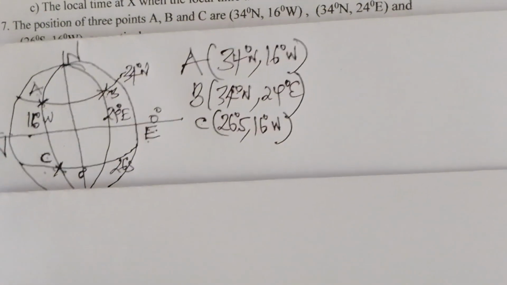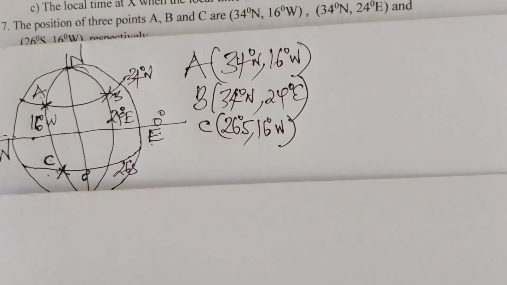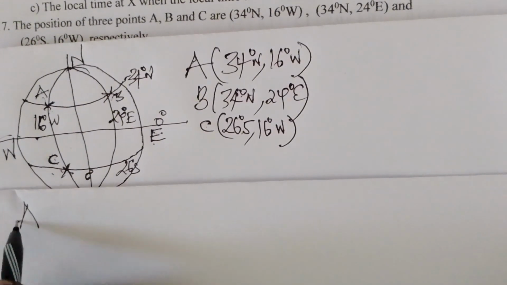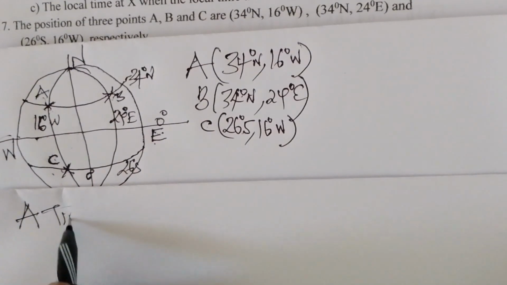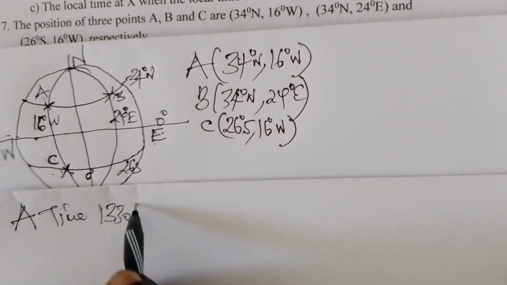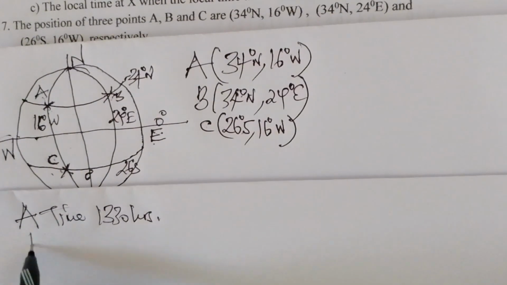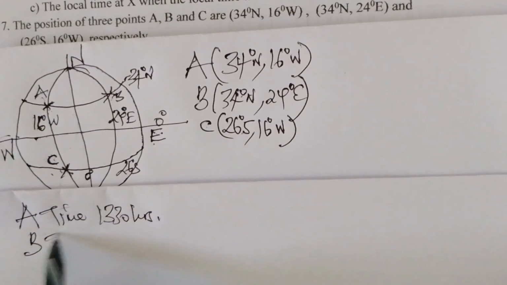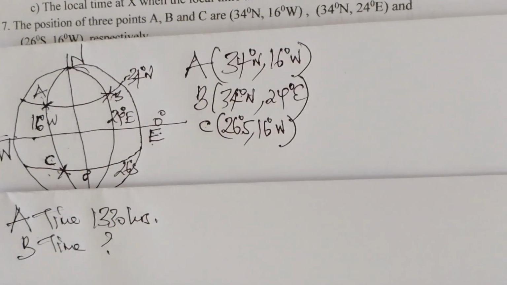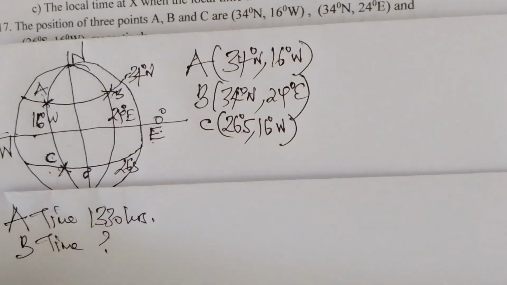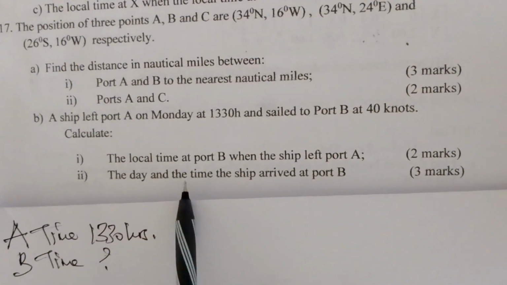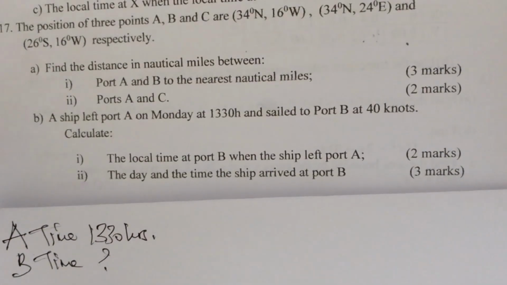We are told that at port A the time was 13:30 hours. What would be the time at port B? That is the first question: the local time at port B when the ship left port A.